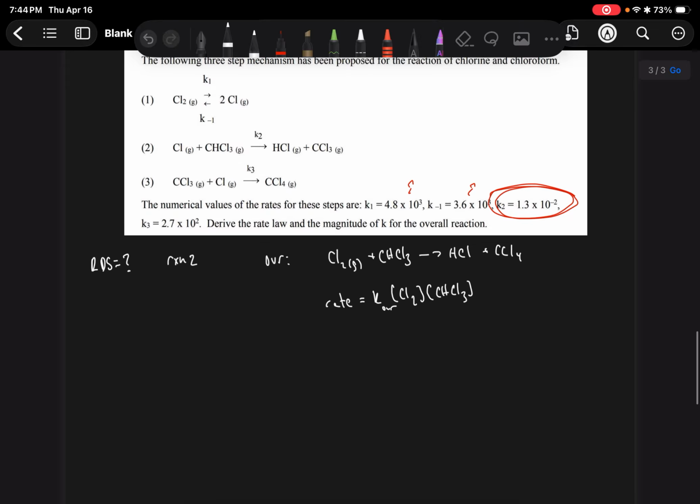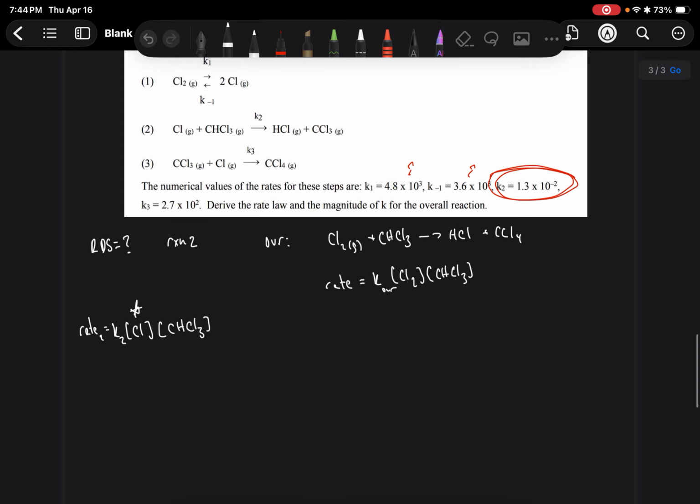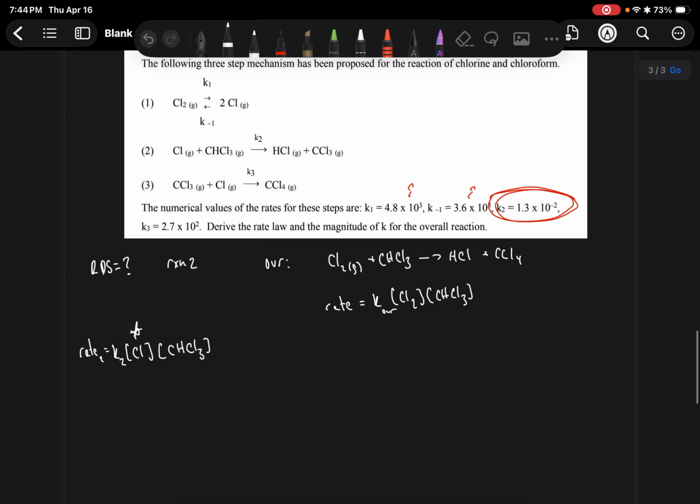Okay, so now RDS rate, CL3 K2. So we can't leave this. We need to get CL out. How do we get CL out? Well, we just use step 1.